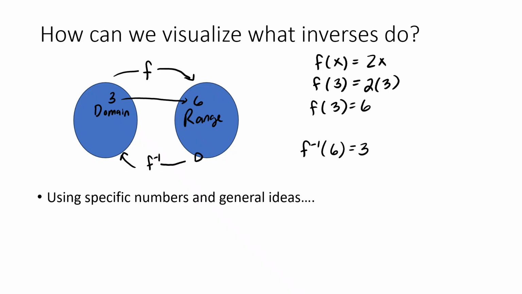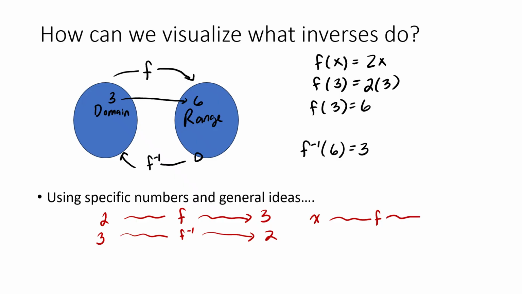So I just used like a 3 and a 6 because I made up a function, but just hypothetically, if you have a 2, okay, the function might take that 2 and map it to a 3. The inverse is going to take the 3 and map it to a 2. More broadly, okay, the original function will take an x and map it to a y.